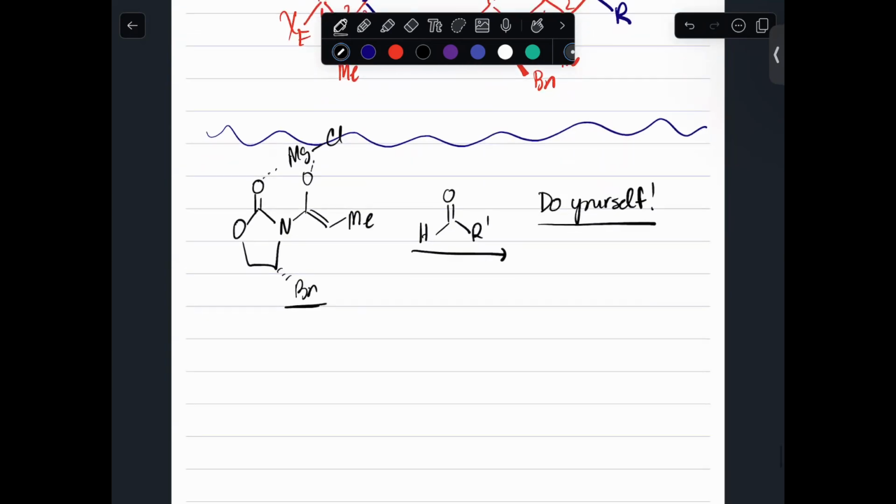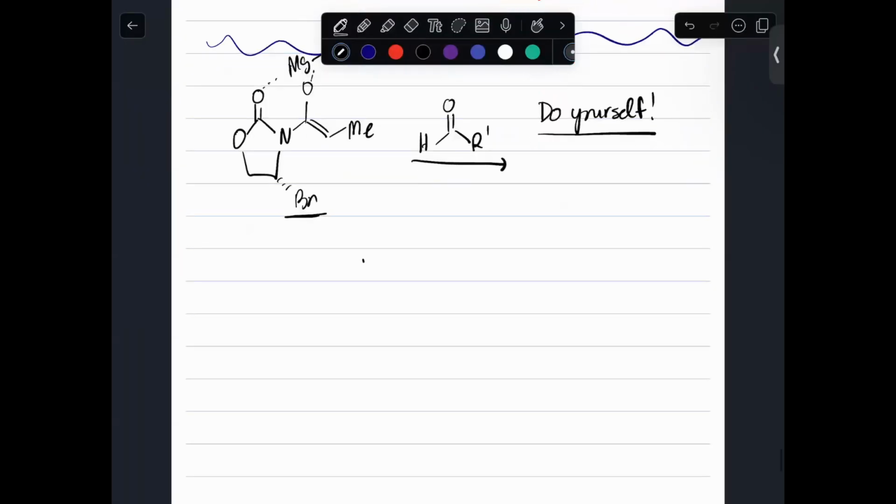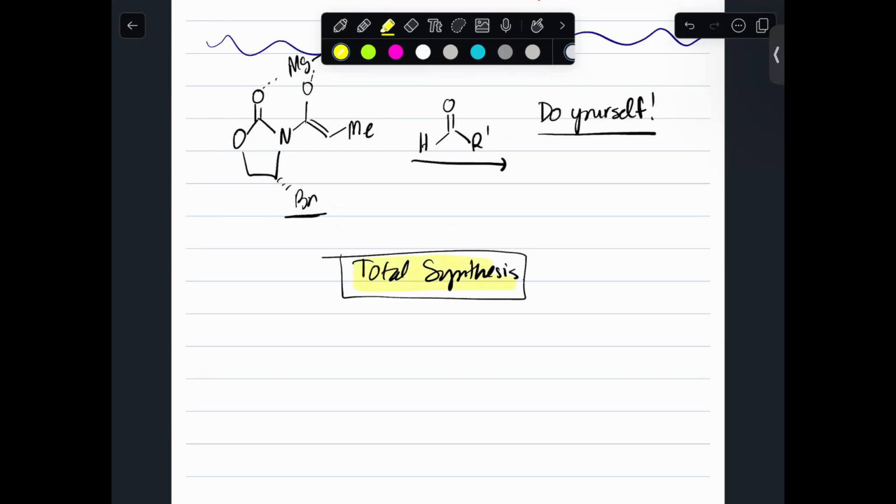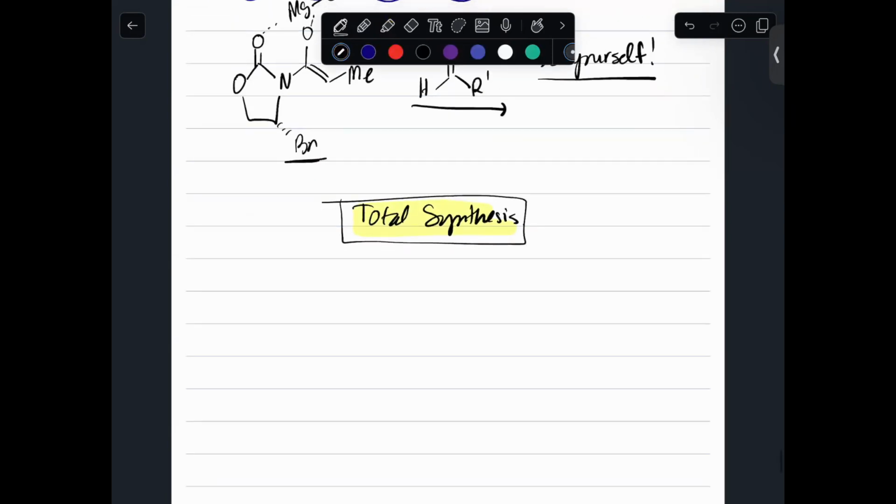Now let me go ahead and highlight this methodology using a total synthesis and its applicability to a total synthesis. Okay, so the total synthesis that I want to show you, it's really short.